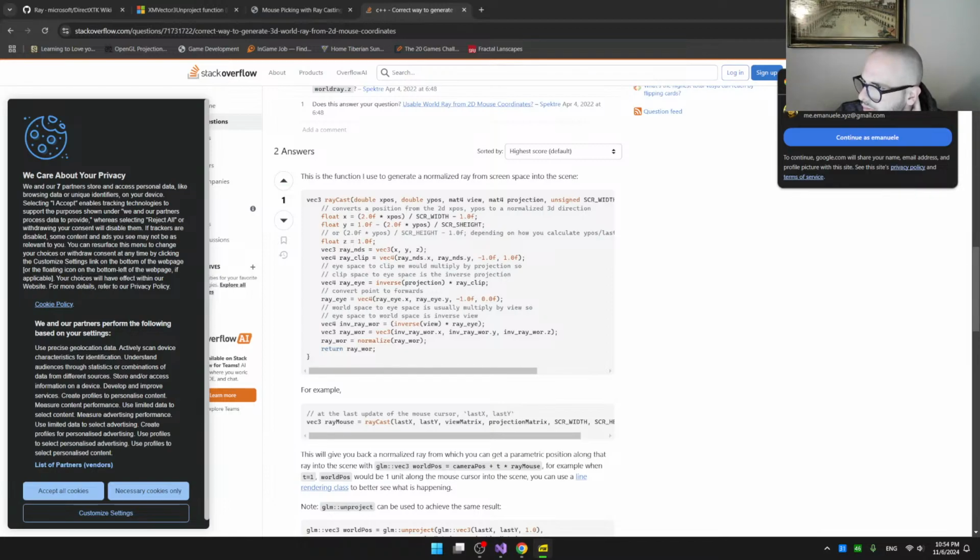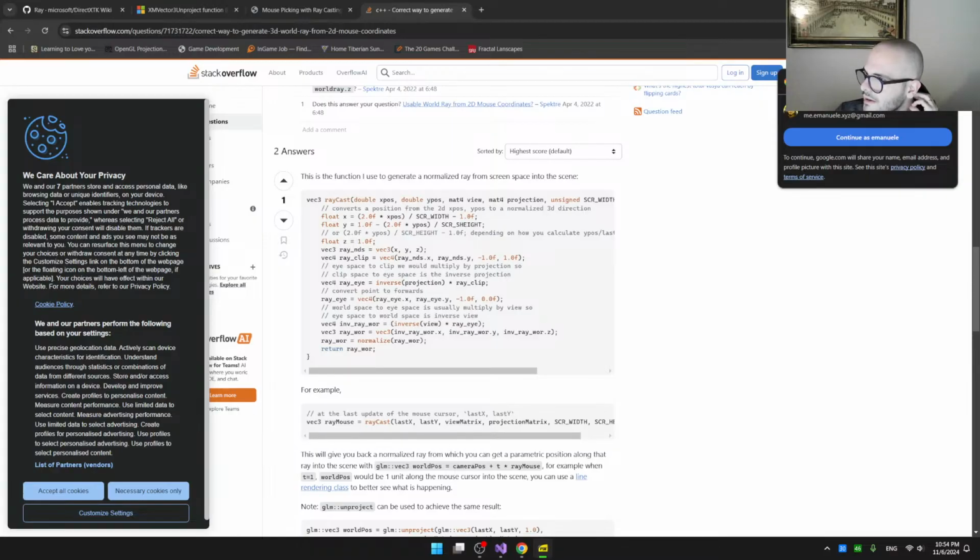So projection and then clipping. Projection transforms the view volume into a unit cube.